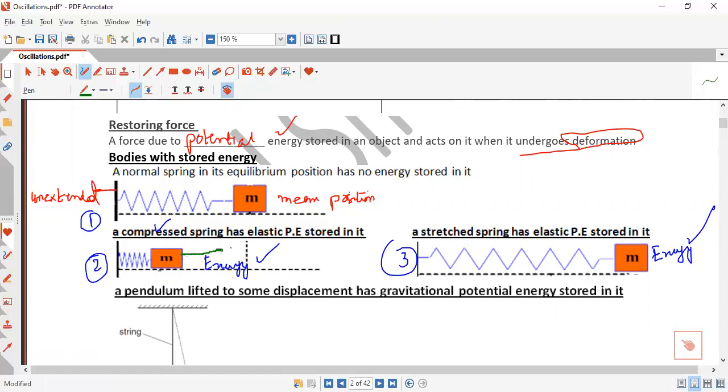So that is restoring force, F restoring, right? And what about when the spring is stretched? In which direction will it be applying force on mass M? Towards left. So we'll be calling that force restoring force, right?